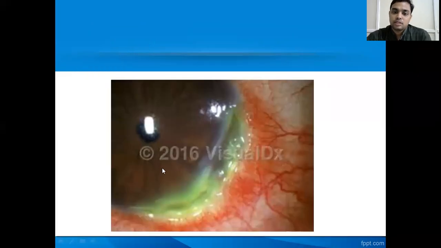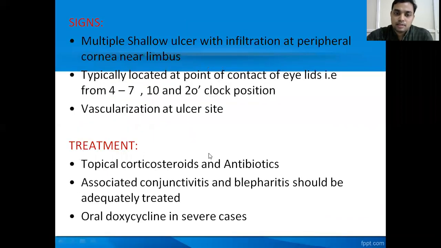So this is the picture showing marginal keratitis. We see superficial ulcers at the margins, and these ulcers are mainly present near the limbus and typically located at the point of contact of eyelids. Because there is an active staphylococcal infection as blepharitis, and blepharitis is nothing but the inflammation of the eyelid margins.